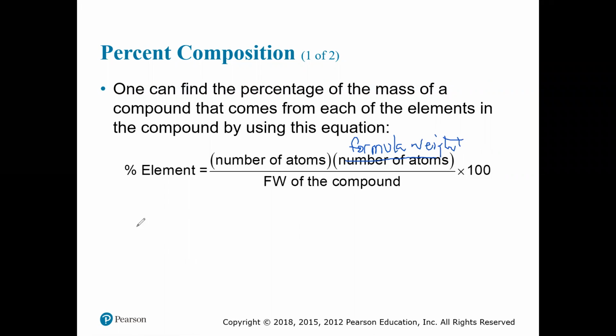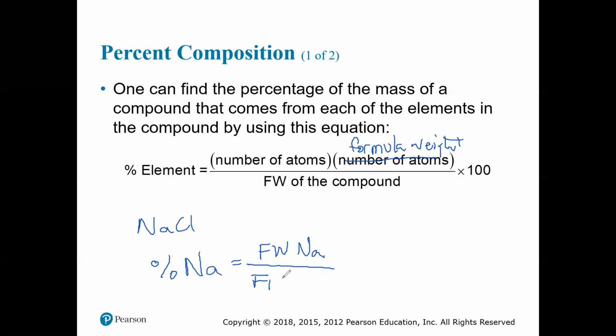So if I have NaCl and I want to find the mass percent of Na, I'm going to take the formula weight of Na and divide it by the formula weight of NaCl.